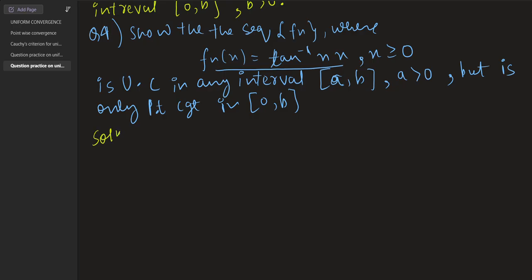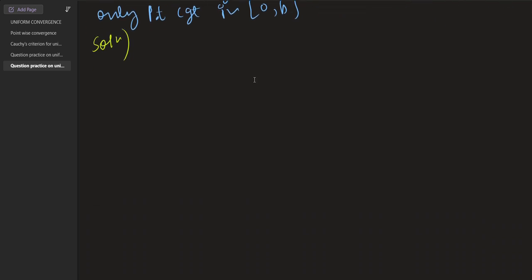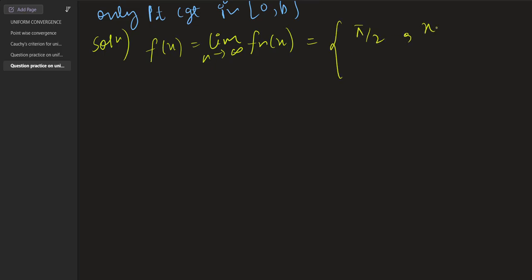So solution. We first have to find the pointwise convergence. Say f(x) equals limit n tends to infinity of fn(x), which equals pi/2 when x is greater than 0, because when n tends to infinity, fn(x) equals tan inverse of nx, which implies tan inverse of infinity.